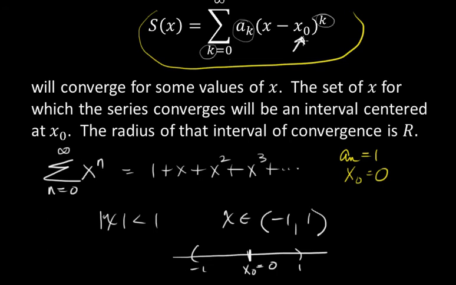Sometimes that interval may have radius 0. Maybe they only converge at x naught. But usually they converge on some interval centered at x naught. The radius of convergence here is 1. The radius of convergence is the distance from x naught to the endpoints. You see that's 1, and it's 1 in the other direction too because the interval is centered at x naught.